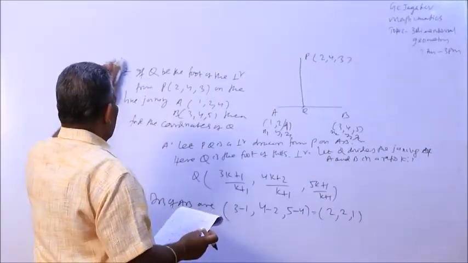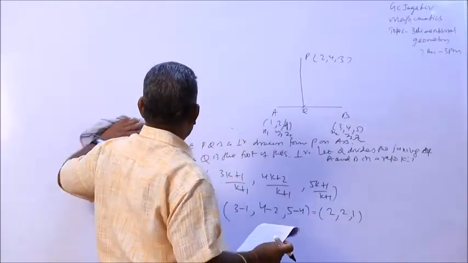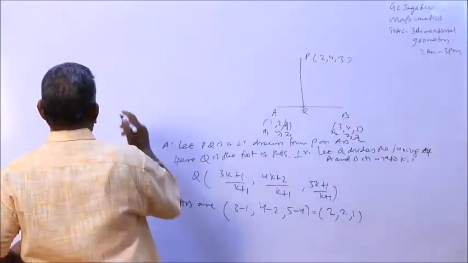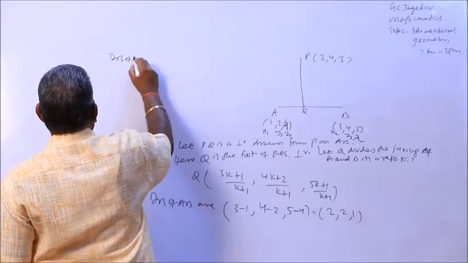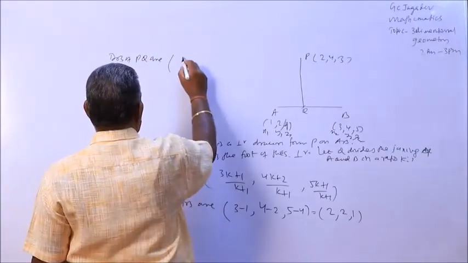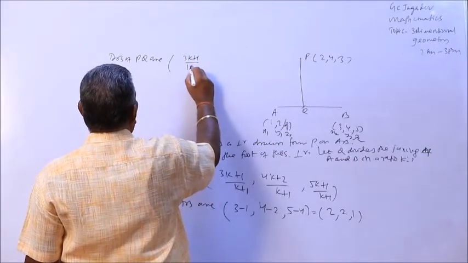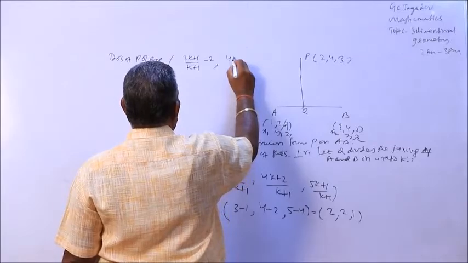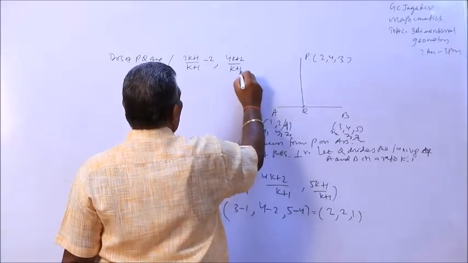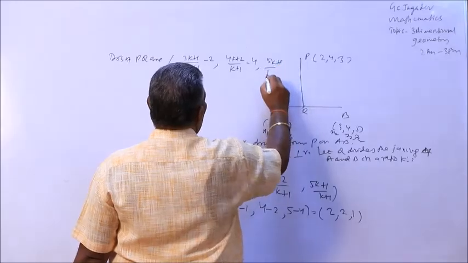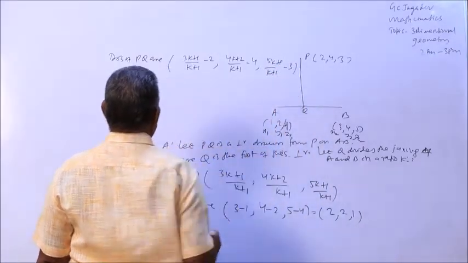Then we can find DRs of PQ: (3k plus 1) by (k plus 1) minus 2, (4k plus 2) by (k plus 1) minus 4, (5k plus 4) by (k plus 1) minus 3.